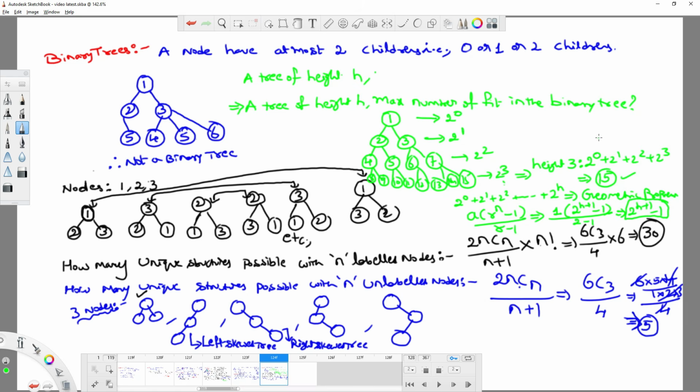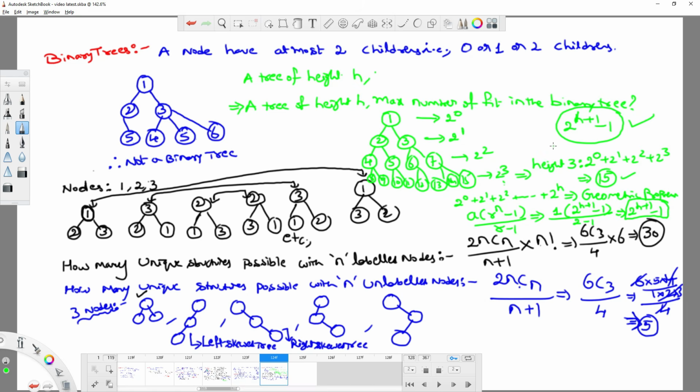So for a tree of height h, the maximum number of nodes fit in the binary tree is what? 2 power h plus 1 minus 1. 2 power h plus 1 minus 1 is the correct formula.